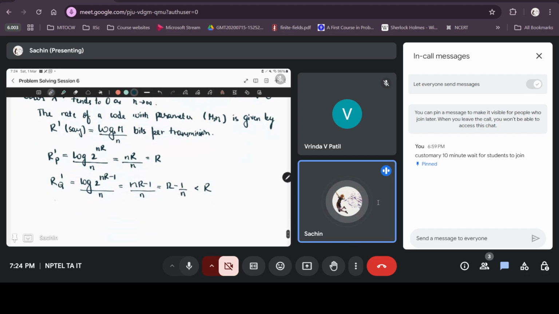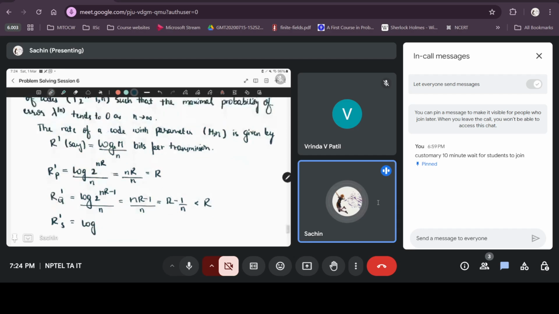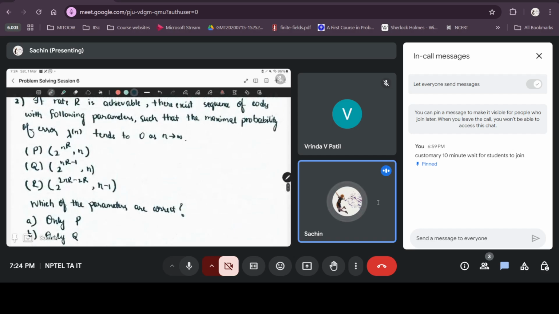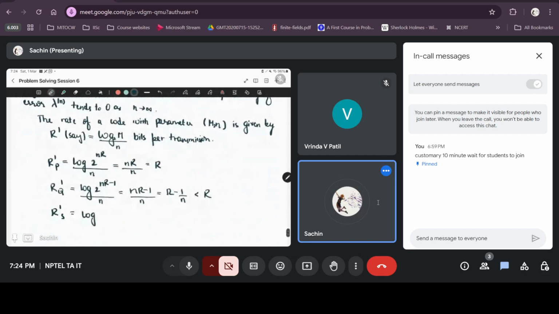And rate of the code R is log of, how many code words are there? 2 power 2nR minus 2R, divided by n, which is 2nR minus 2R over n.